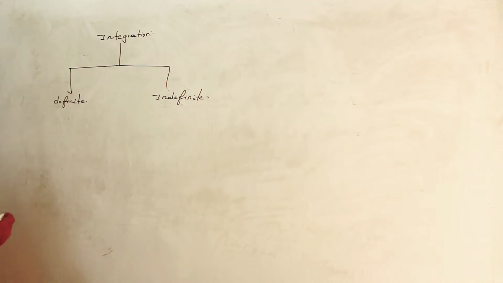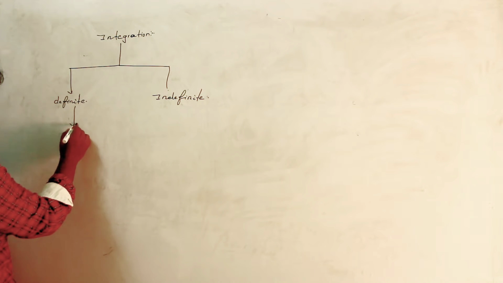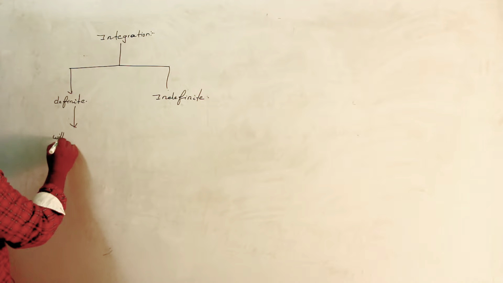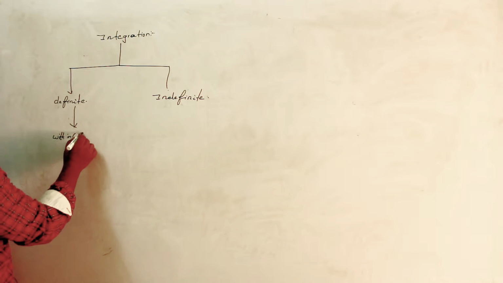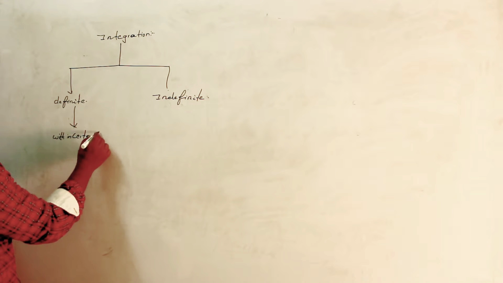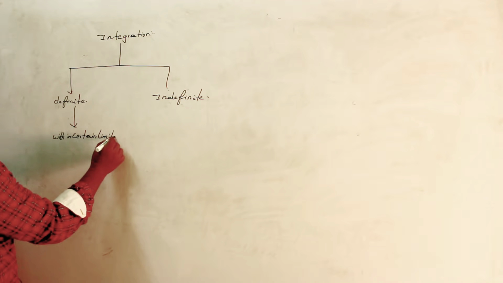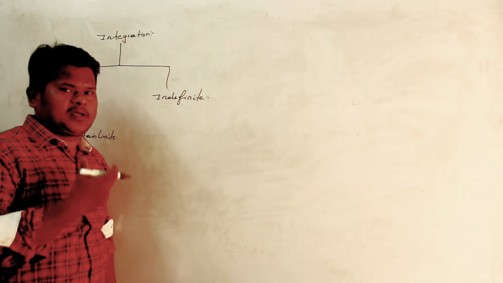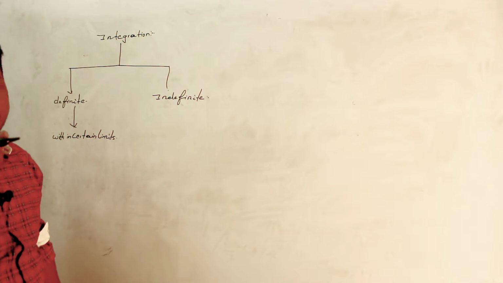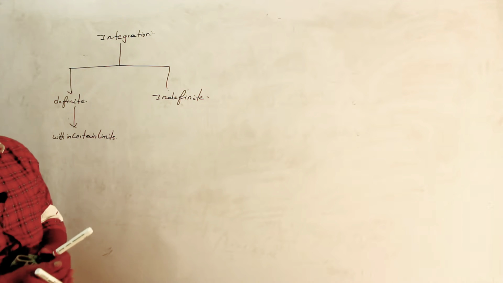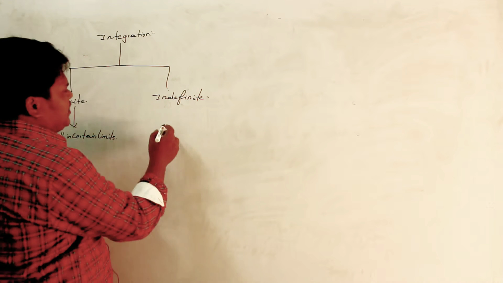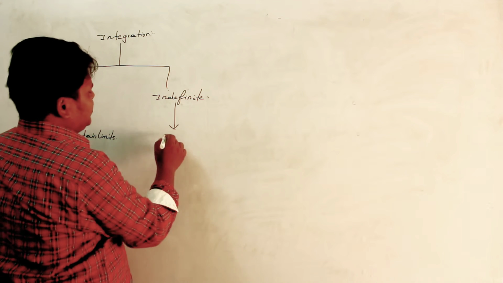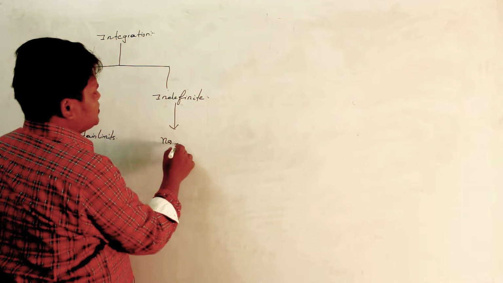Definite integration in the sense, this integration is carried within certain limits. So there will be certain limits of integration under which we will do this integration. There will be one upper limit and there will be one lower limit. Whereas if you take indefinite integration, there will be no such limits.